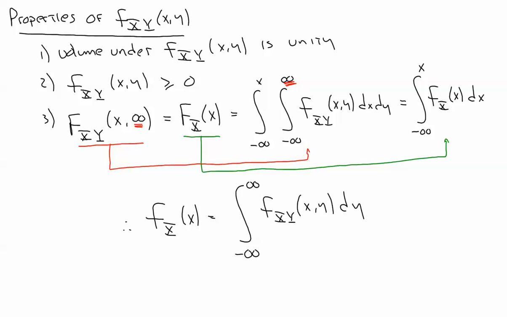Okay? And similarly for y, my marginal PDF for y would be an integral from minus infinity to plus infinity, my joint PDF evaluated against all values in x. Okay? All right.